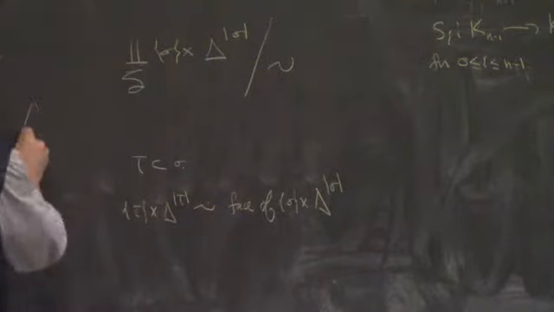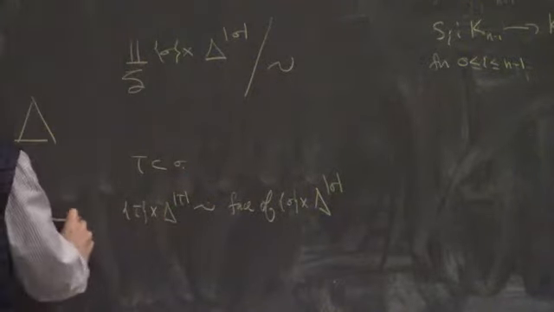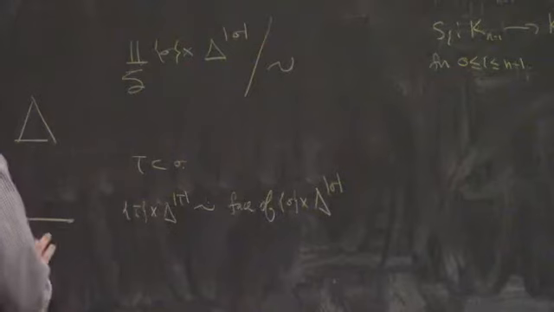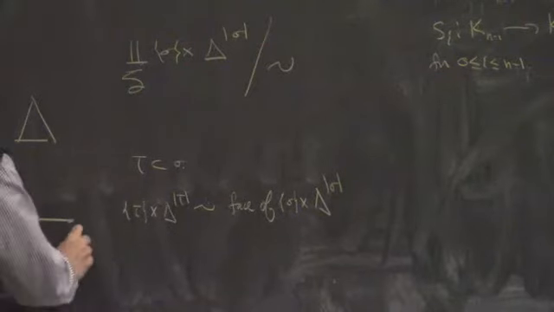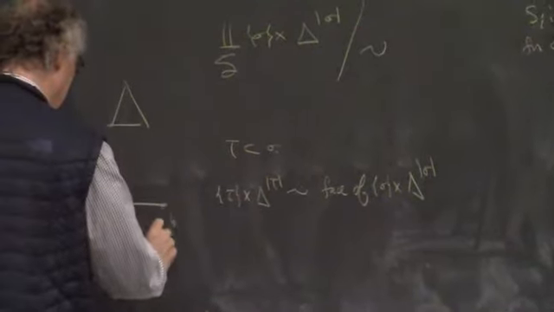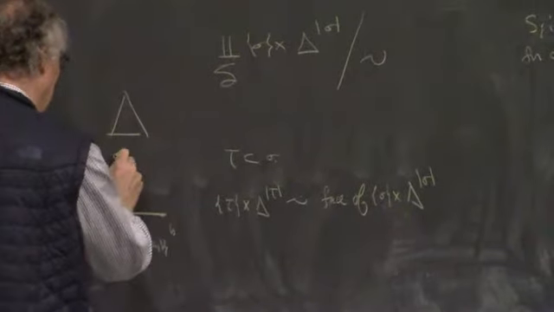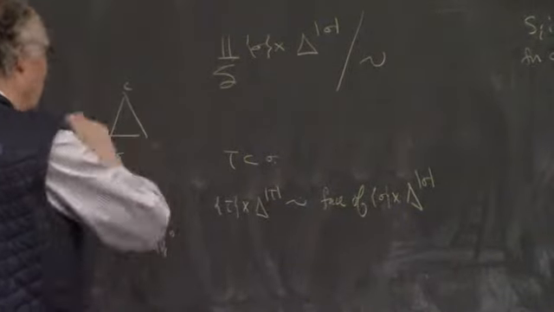So if I had a 2-simplex and a 1-simplex, tau is AB, and sigma is ABC.